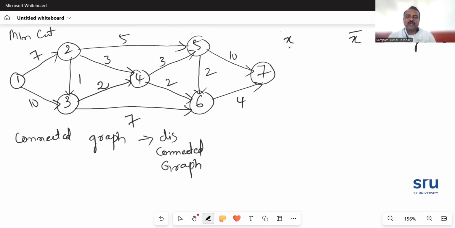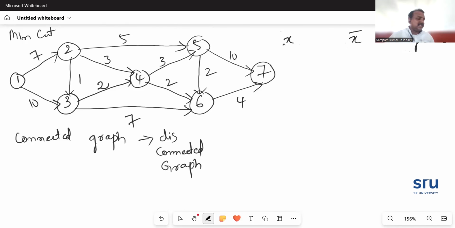So X contains the vertices of one part, X bar contains the vertices of the other set which has been divided, and the edge set is the sum of all the edges which are deleted, so that I can make this a disconnected graph.